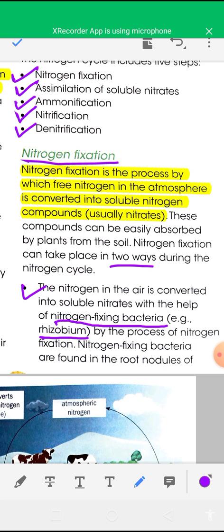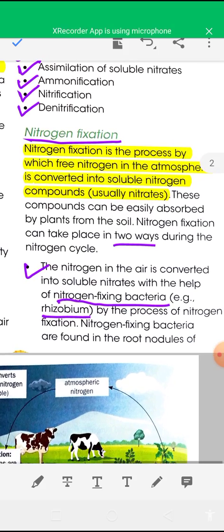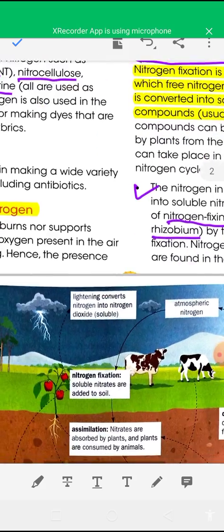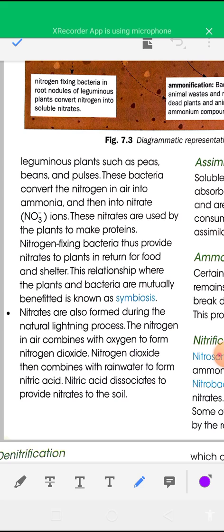Nitrogen fixing bacteria are found in the root nodules of leguminous plants such as peas, beans, and pulses. These nitrogen fixing bacteria convert nitrogen in the air into ammonia, and then ammonia into nitrate.